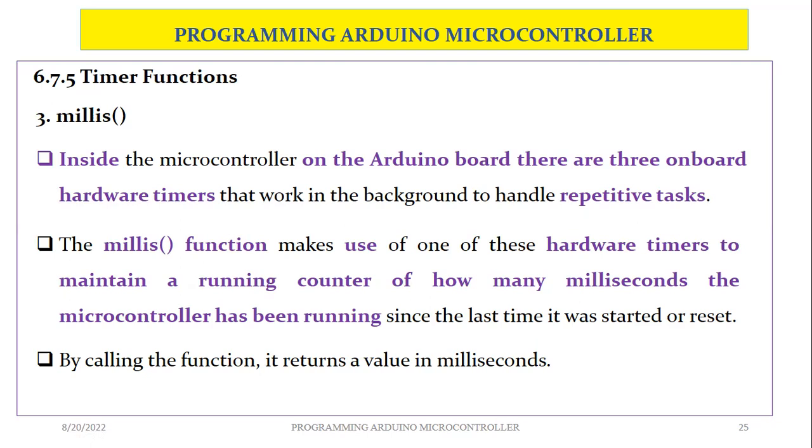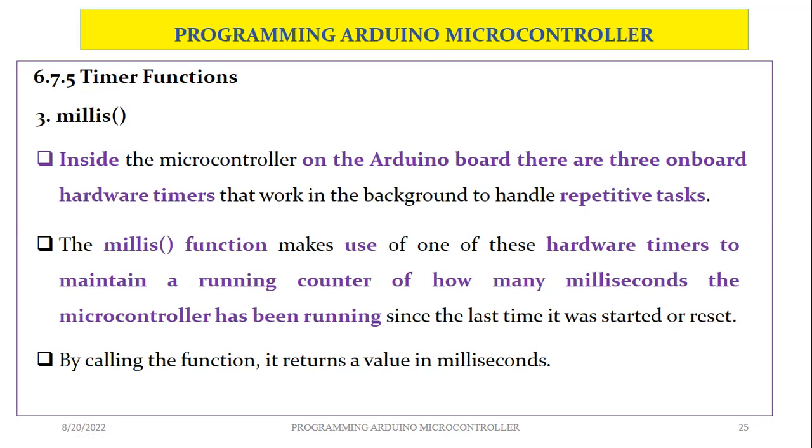The Arduino microcontroller board has got 3 inbuilt hardware timers. Of course, these timers can be operated without any interference on the program that is currently running, because the timing operations executed by the hardware timers are independent of the flow of execution of the program.